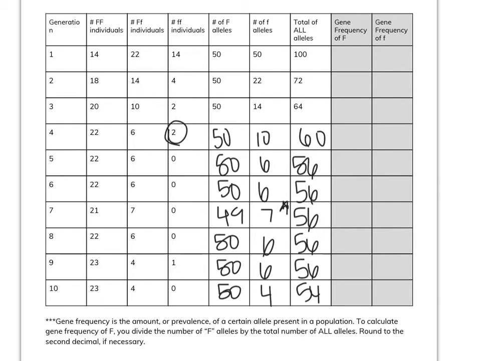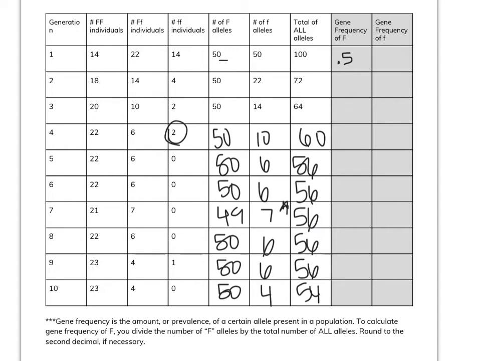So to calculate the frequency of big F, you divide the number of big F alleles, which is 50 on generation 1, 50 divided by the total number, so 50 divided by 100 is, good job, 0.5. And since this stayed the same the whole way, is your gene frequency of big F going to change or is it not going to change?